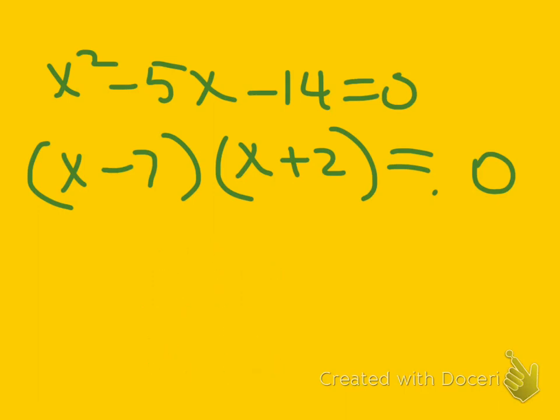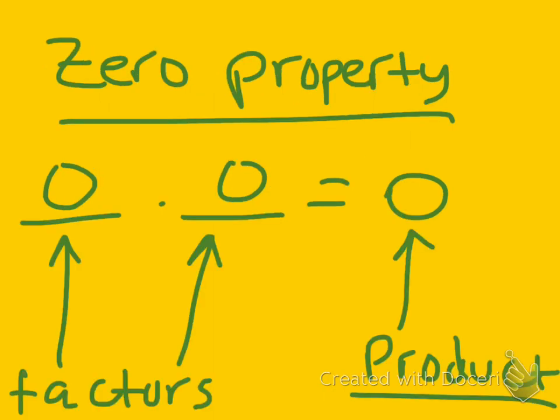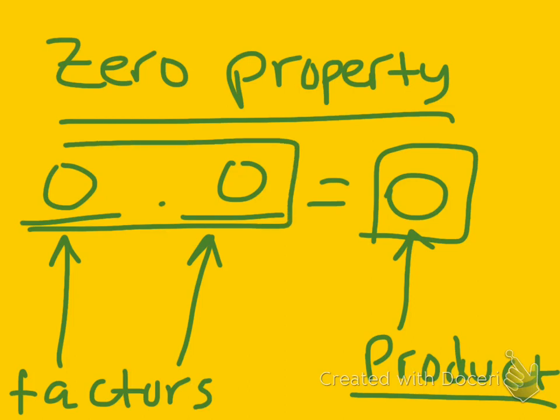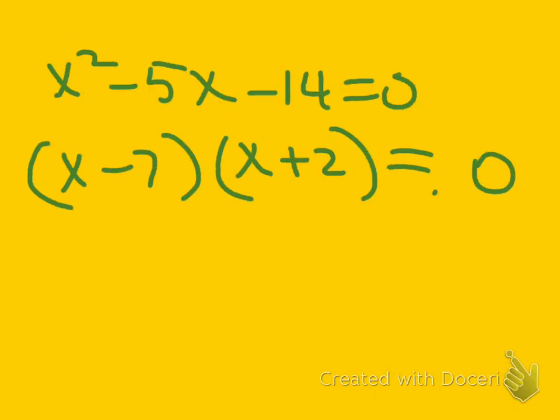Now, what we just said about the 0 property said that if we have a 0 as a product, one or both of my factors has to be 0. Right now, I have a product of 0. So if x minus 7 is 0, and I plug that 0 in here, 0 times that is going to equal 0.